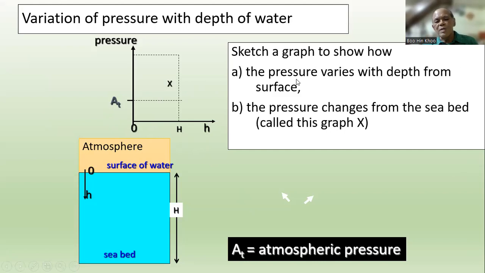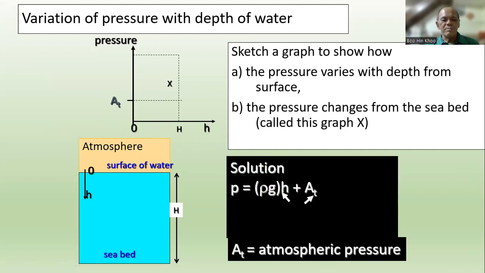Sketch the graph to show how the pressure varies with depth below the surface. Always go back to the formula. Pressure at a depth h is h rho g plus your atmospheric pressure.